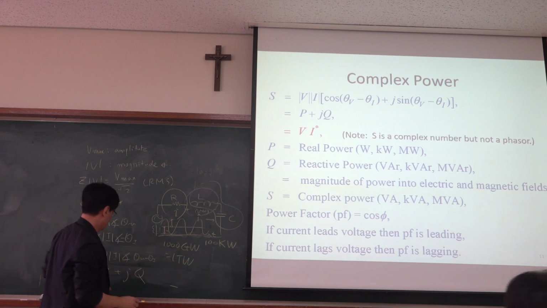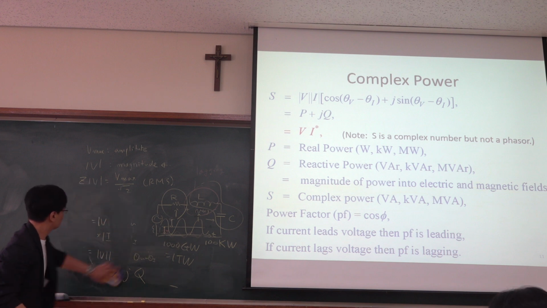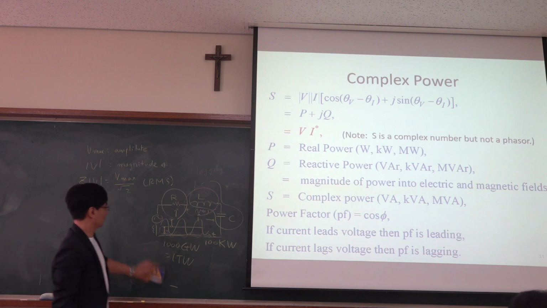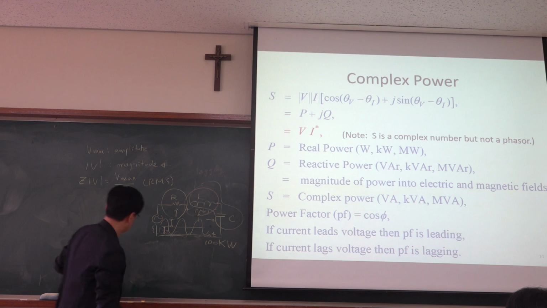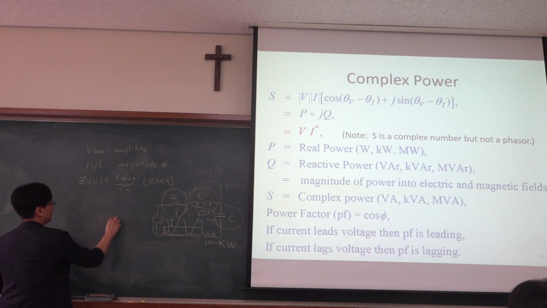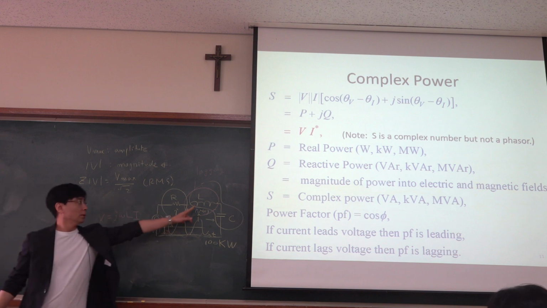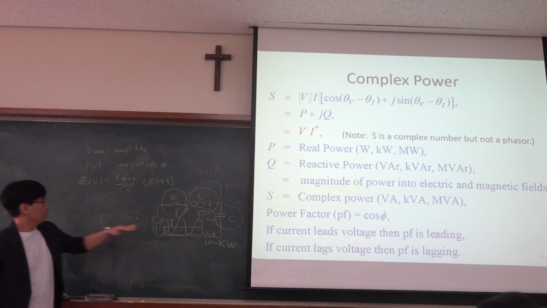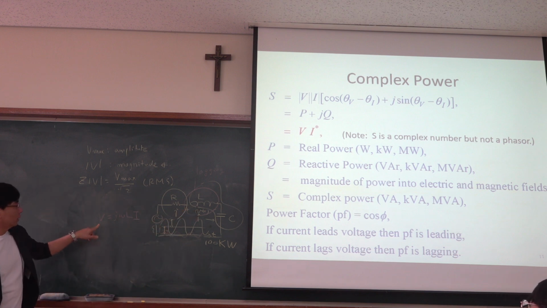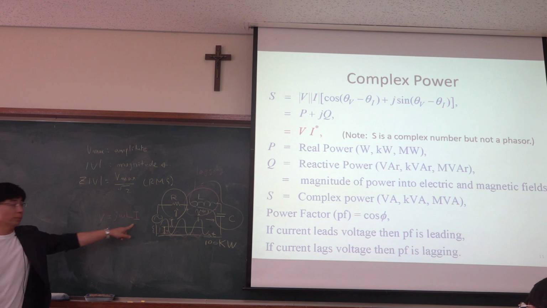So you know that V equals j omega L times I at this coil. And using the phasor notation, you see that the angle of voltage is 90 degrees ahead of current because of this j term, right?